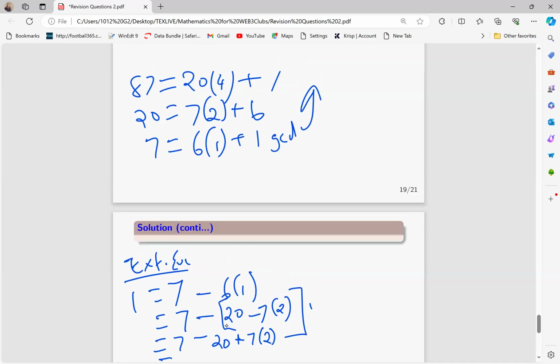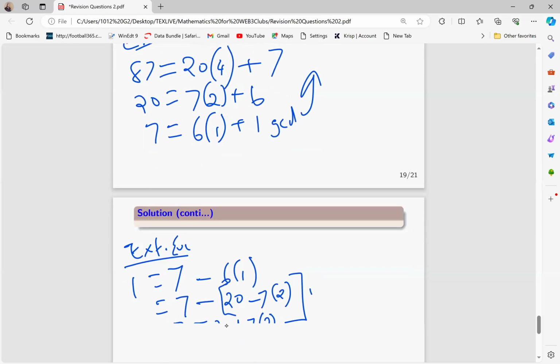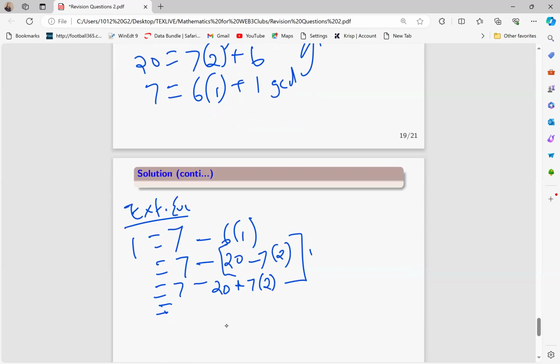So we have our 7. So let's collect like terms first. So this, of course, is multiplying 1. So you have, does that come to 3? Yeah.